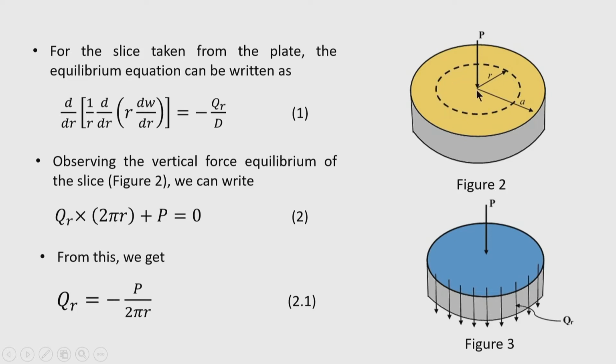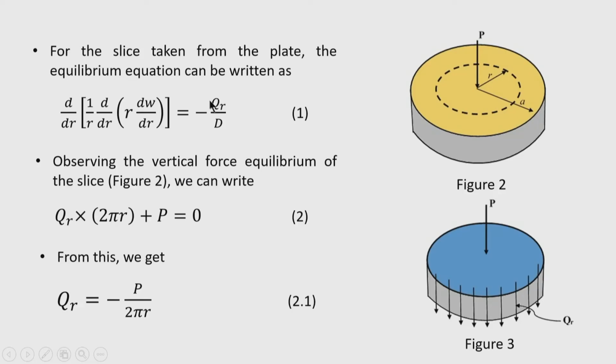Okay. So, what we actually do is take a slice of the plate at a radial distance r and consider the equilibrium of this slice. Especially to relate the shear force to the externally applied load, we consider the equilibrium of the vertical forces. The free body diagram showing the vertical forces is shown here in this figure, and now we can write the differential equation relating the third derivative of the deflection to the shear force per unit length.